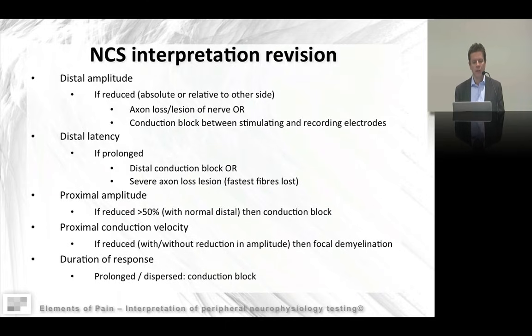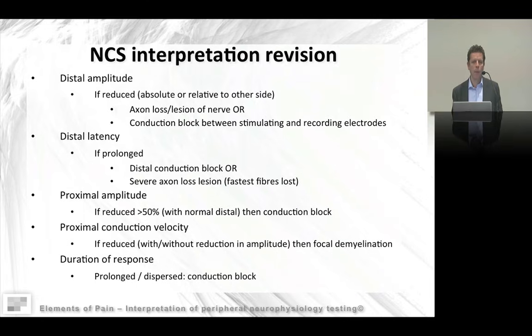Then it's on to the latency. If it's very prolonged, then it suggests there's a conduction block distally, a focal demyelinating process. But occasionally, if it's only mildly prolonged, it could be that there's just such severe axonal loss that you've lost the fastest conducting fibers, and so there's some mild slowing. But again, that should usually be mild and relative.